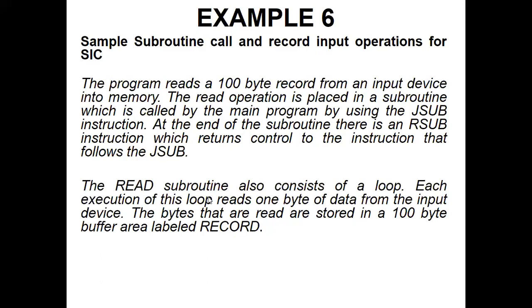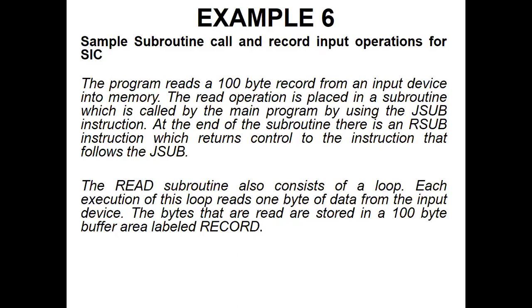So we are writing the 100 bytes into memory in a place called the record. Okay, so that one will show us that when we read, for example, we will write to record 1, record 2, record 3, and so on.